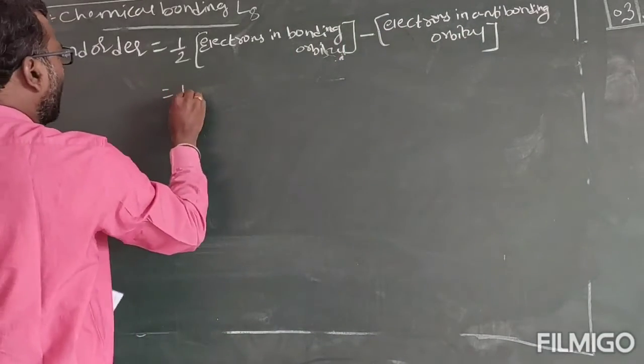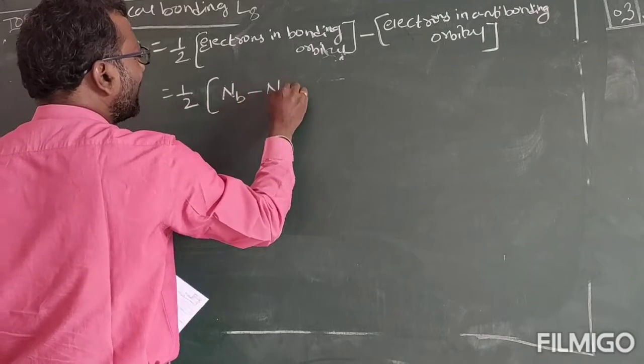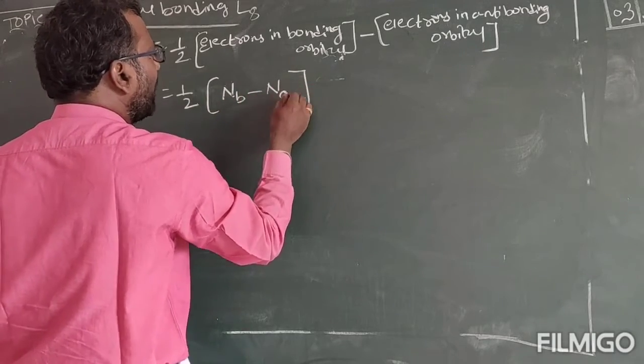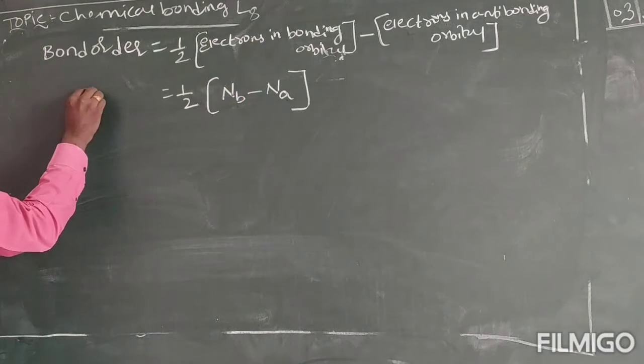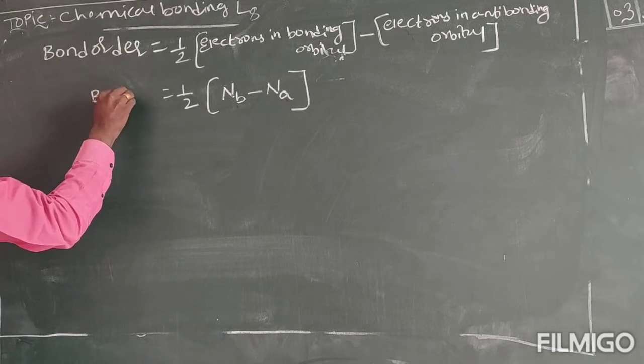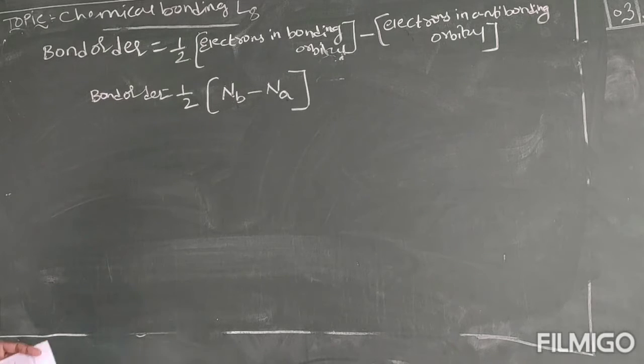It is nothing but half into Nb minus Na. A means anti-bonding, B means bonding electron. So this is the bond order. N means number of electrons.